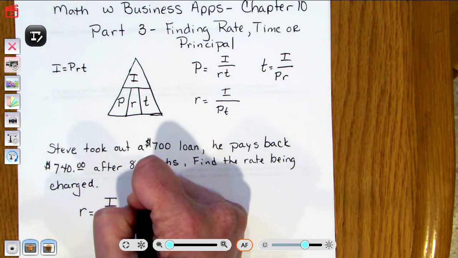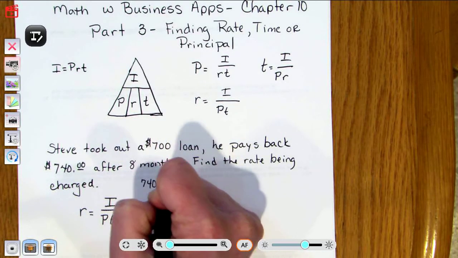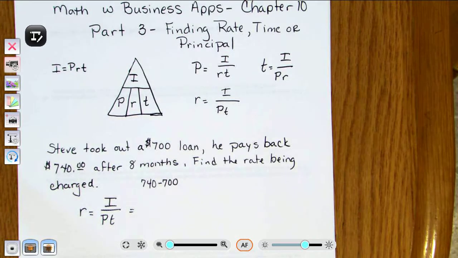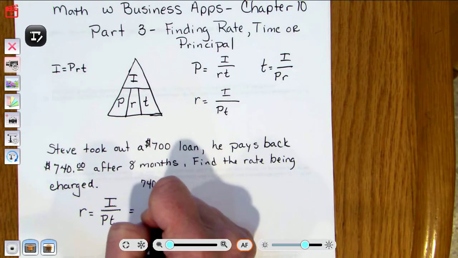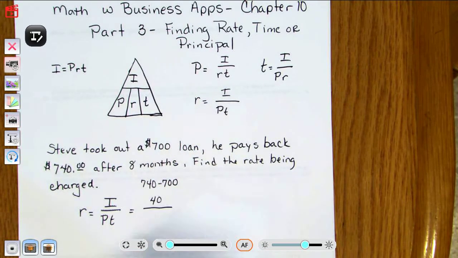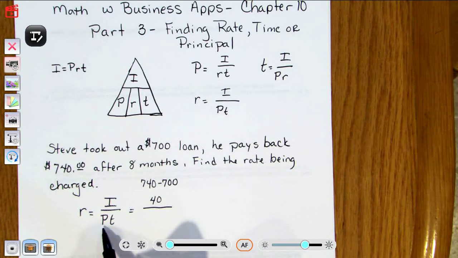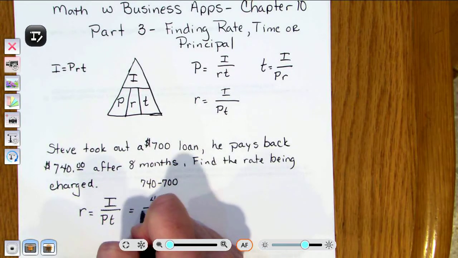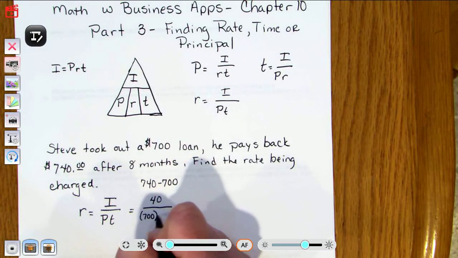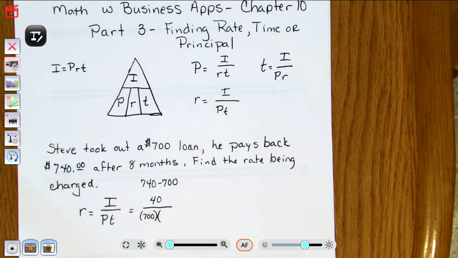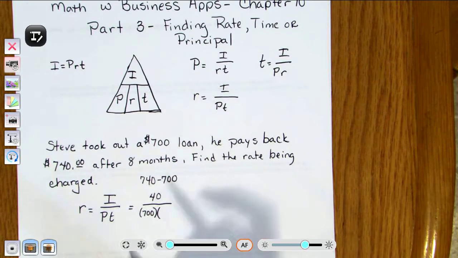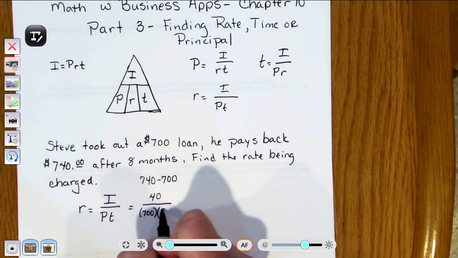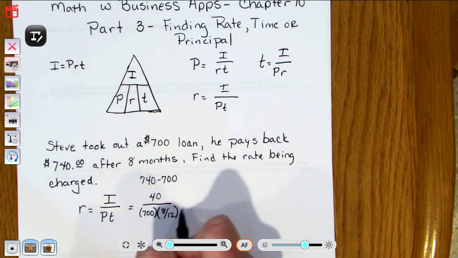So to find our interest in this case, we do have to do a little bit of work and subtract. We're going to take that 740 minus that 700 and get 40. My principal, the amount we took out, is that 700. And my time, T, has to be in years. We have 8 months, so I'm going to write that as 8 over 12.